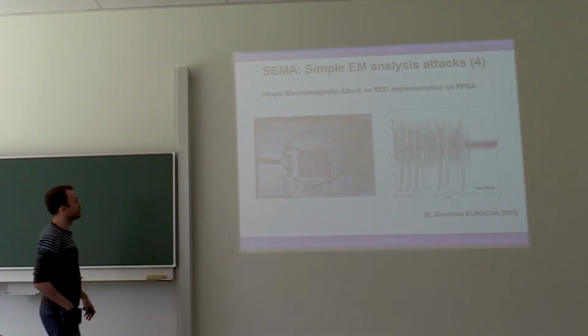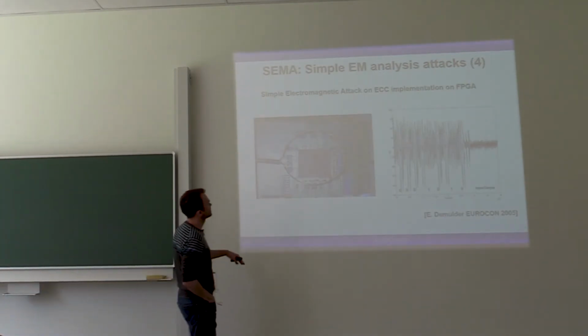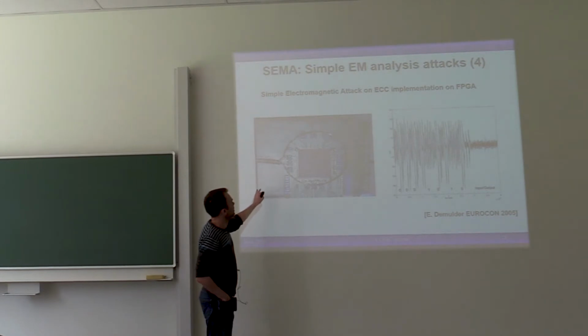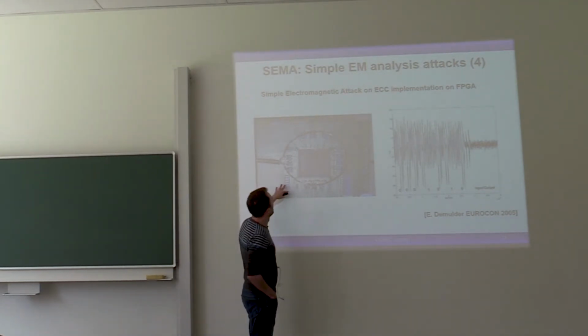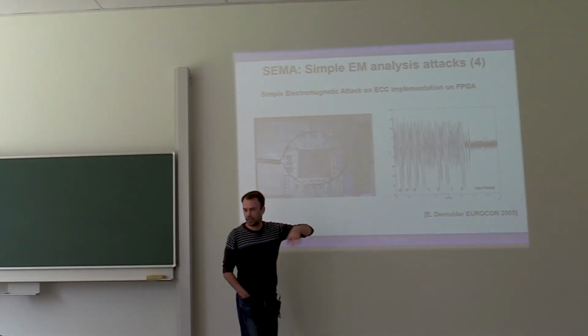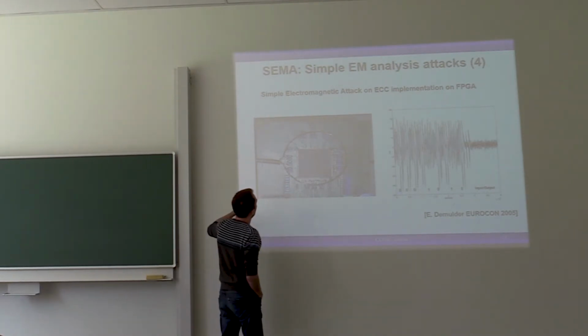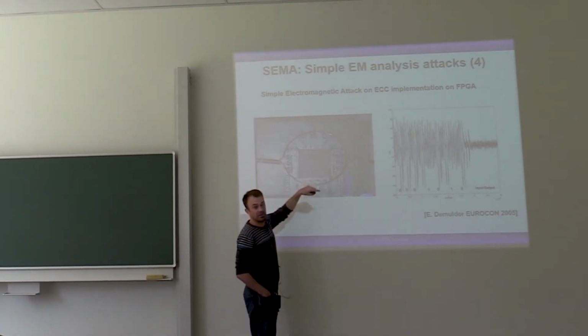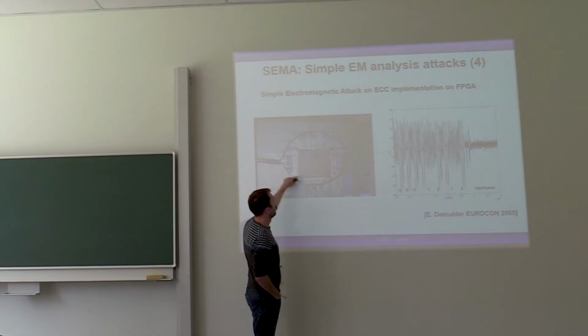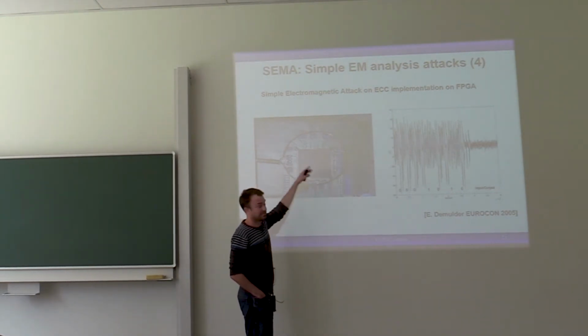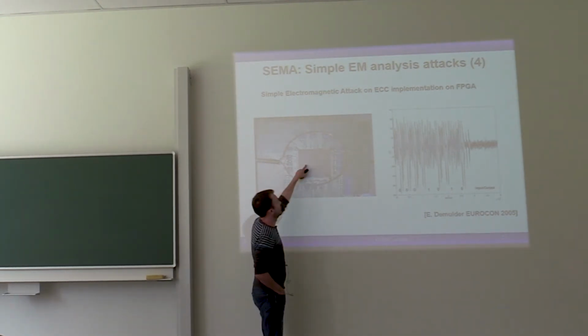We can do something similar with EM radiation. This is actually one of the first experiments that was done here in this research group. So this is a very fancy, not really fancy, copper wire loop antenna. This is an FPGA chip.